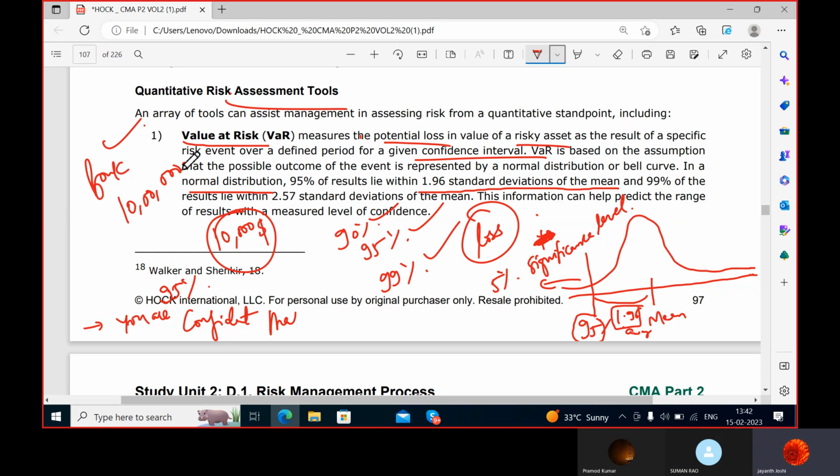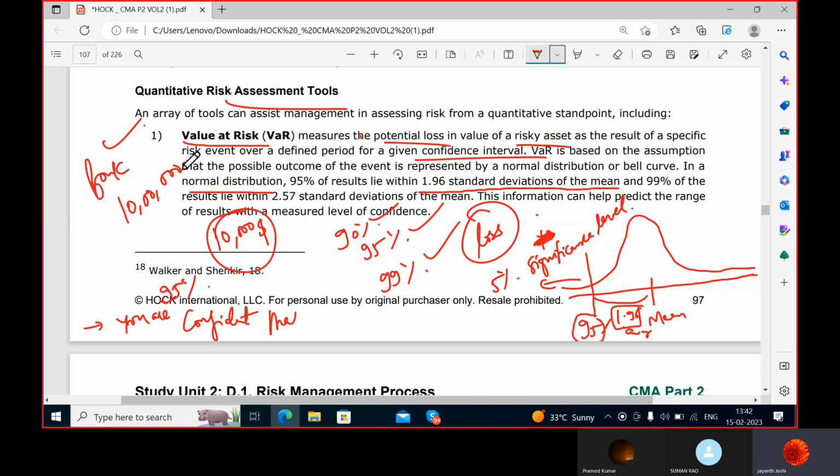Every business knows this. Suppose I am running an academy, or any businessman, or a sole proprietor selling provisions, kirana items in the local language, he knows there can be bad debts in a year, and in a given year he can lose 1 or 2 lakh rupees or 10% of his sales.